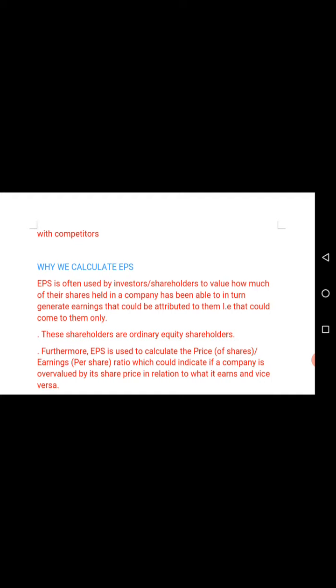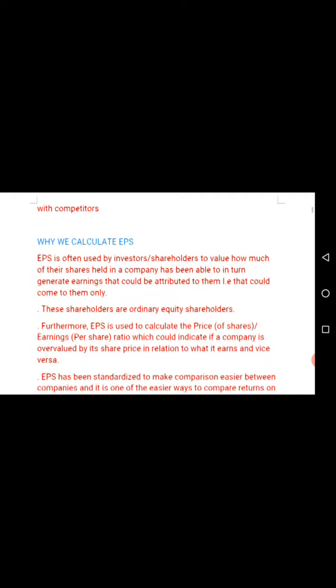Now we'll go further, and it says these shareholders are ordinary equity shareholders. Now EPS is only concerned with ordinary shareholders and the profit attributed to them. Furthermore, EPS is used to calculate the price earning ratio.